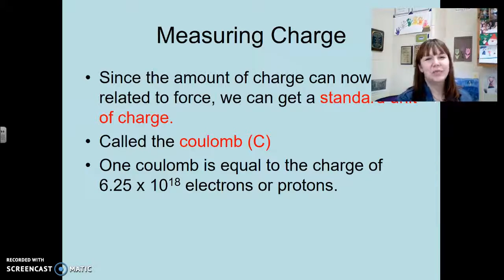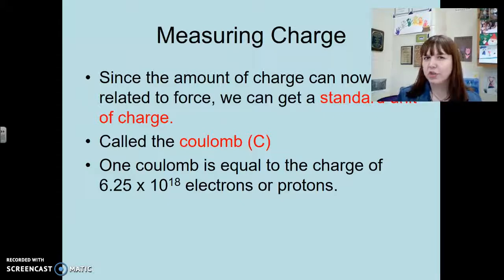So the standard unit of charge is called a Coulomb, and 1 Coulomb is equal to the charge of 6.25 times 10 to the 18th electrons or protons. Electrons and protons, even though they're positive and negative, they have the same magnitude of charge. That's how they're able to balance each other out. So if you take 6.25 times 10 to the 18th of those, which is a whole lot of electrons or protons, but keep in mind how tiny they are, the magnitude of that charge would be 1 Coulomb.